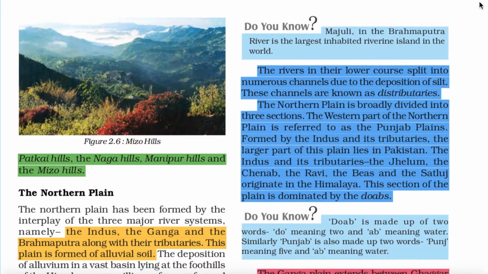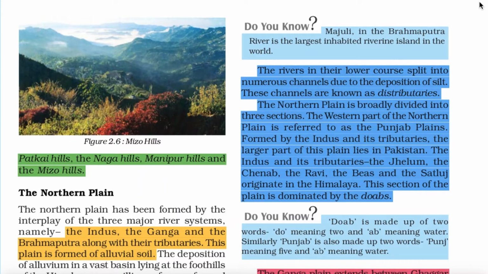The western part of the northern plain is referred to as the Punjab Plains, formed by the Indus and its tributaries. The larger part of this plain lies in Pakistan. The Indus and its tributaries, the Jhelum, the Chenab, the Ravi, the Beas, and the Satluj originate in the Himalayas.